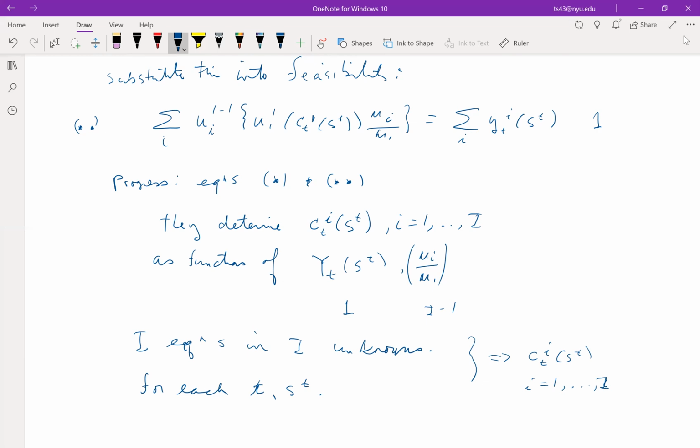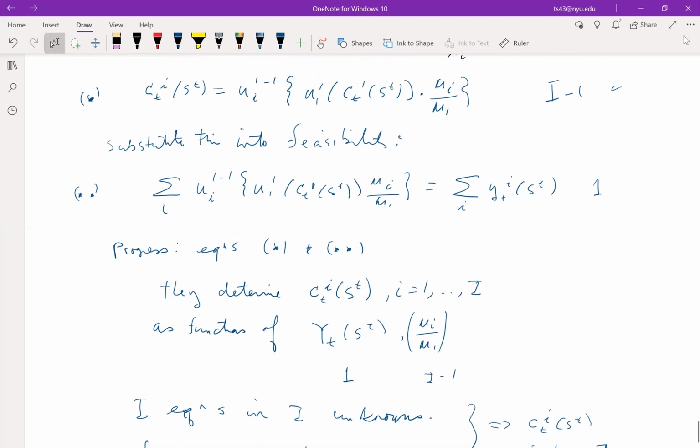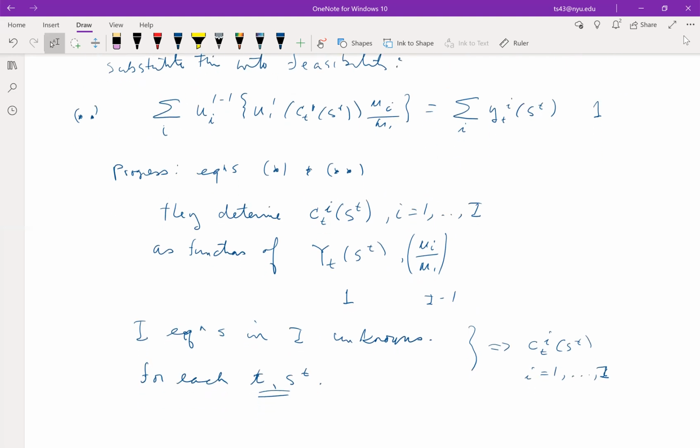So for each T and ST, we're going to have to solve I equations and I unknowns, and there they are. By the way, you'll remember, to solve the planning problem, to get the allocation, we had to solve exactly the same number of equations at each history, at each time. It's kind of interesting.